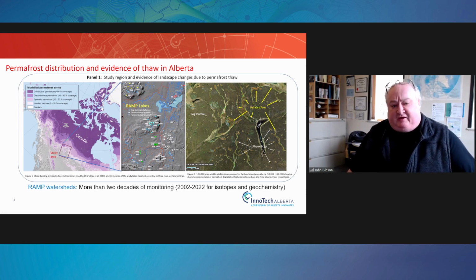Sporadic and isolated permafrost is present, most of the time within bogs, and it's the peat that's very insulating that protects it and allows frozen conditions for more than 1 year. That's the definition of permafrost.